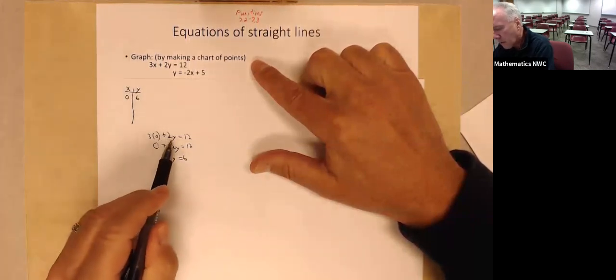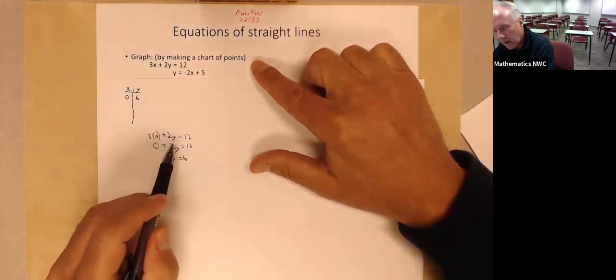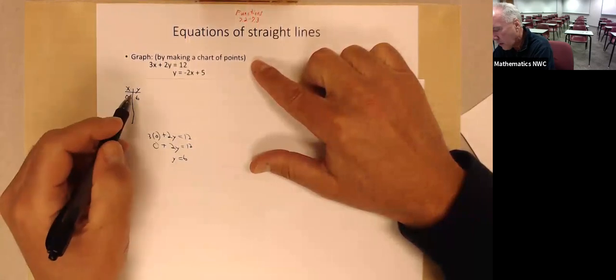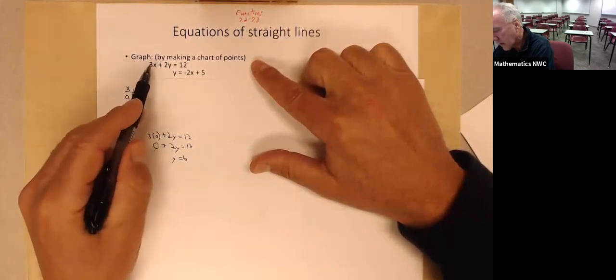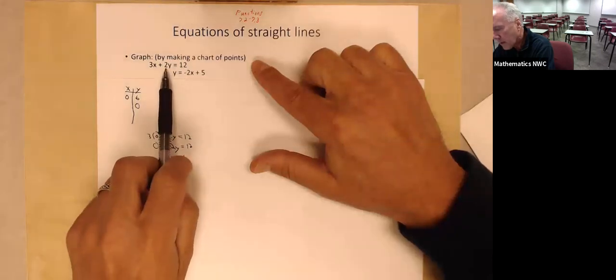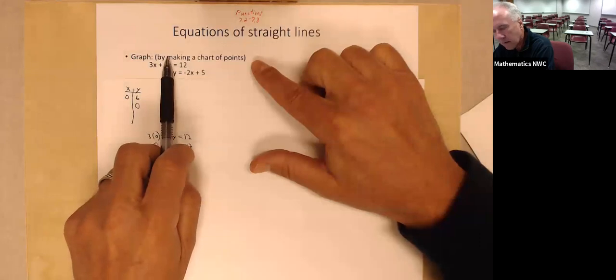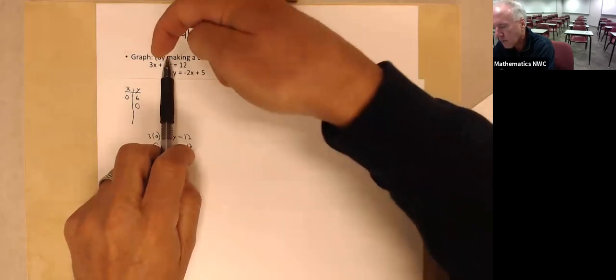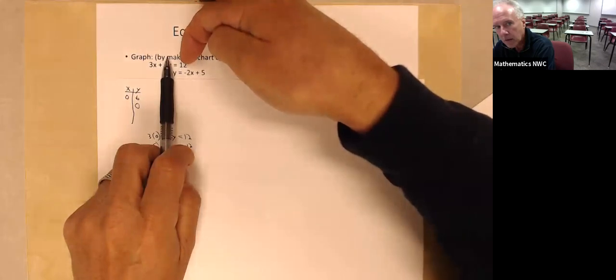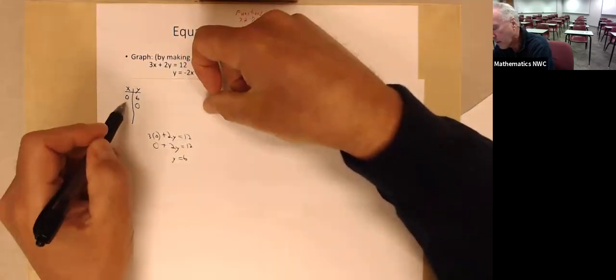I probably won't show this procedure on the next few examples, but this is what would occur. So if I were to let, in the next case, let Y be 0, that would make this 2 times Y to be 2 times 0. It would drop out. And all I would have left is 3x equal to 12. X would then have to be 4.